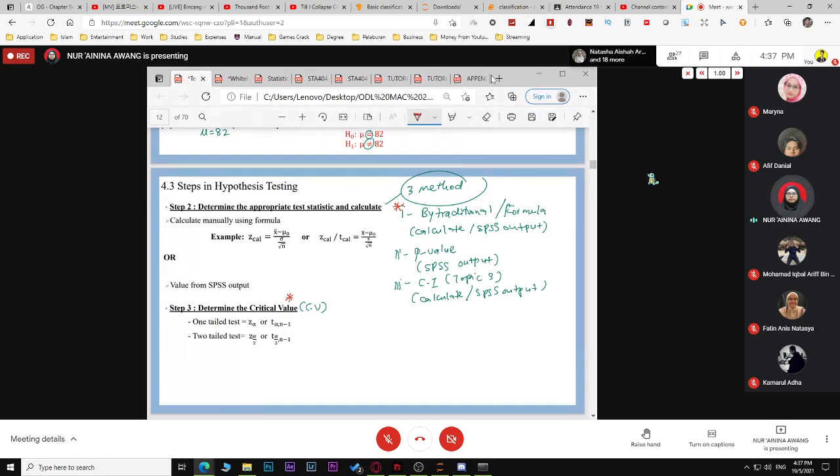Okay, so just determine the critical value if you use formula in step 2. Okay, so for your critical value, you kena tengok either the case is 1 tail test or 2 tail test.